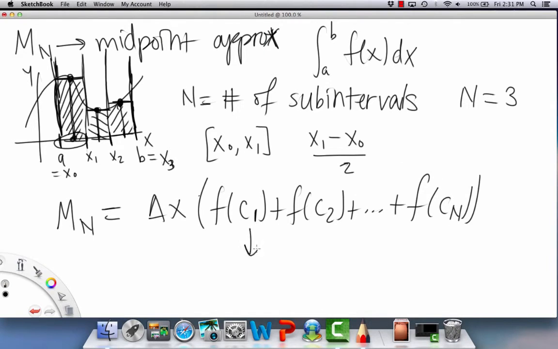This C just means your midpoint. This is your C1, the midpoint of your interval. Here's our C1 right here, and then this is C2, and this is C3. Sorry, it's kind of crowded in here. It's kind of small.